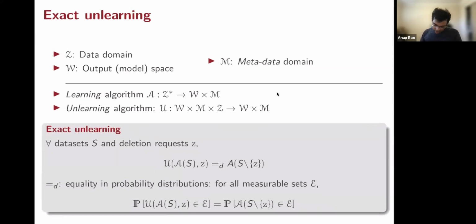We will have randomized algorithms, and the random variables corresponding to the unlearning algorithm and the learning algorithm are equal in distribution, which means that for any set, the probability that the output of the unlearning algorithm lies in that set is the same as the probability that the output of the learning algorithm lies in that set.